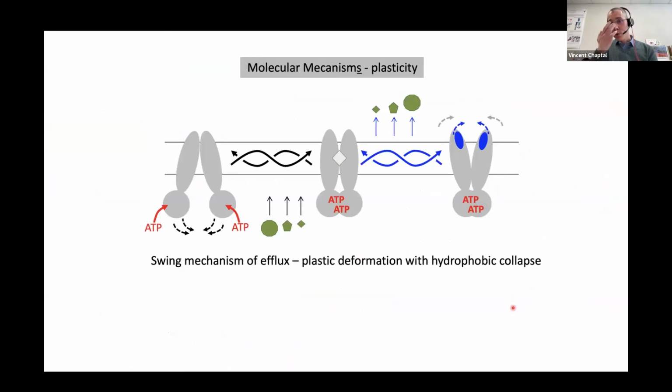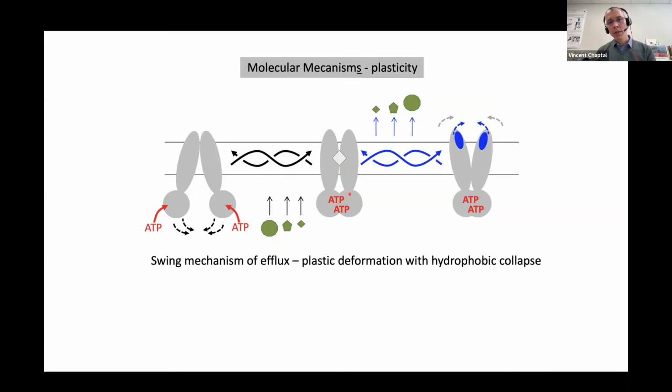So that led us to a first mechanism where, instead of going through discrete, well-defined states, we postulate that this protein just swings back and forth around an occluded conformation, using its plasticity. We hypothesize that the plasticity in an inward-facing conformation, based on other structures of ABC transporters, is what helps it accommodate different substrates.